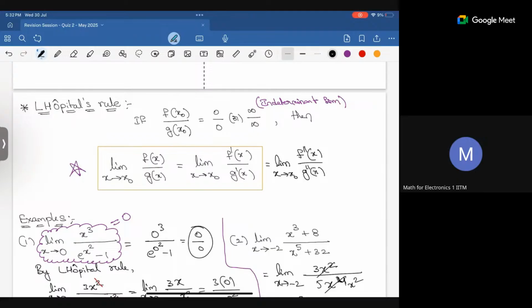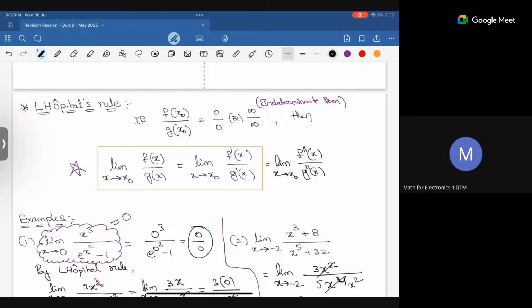I have seen many of your earlier friends or seniors, as you call them, use L'Hopital rule for everything. They won't even check for 0 by 0. You see a rational function, they are asking you to compute the limit value of a rational function, and they use L'Hopital rule to simplify the numerator and denominator.